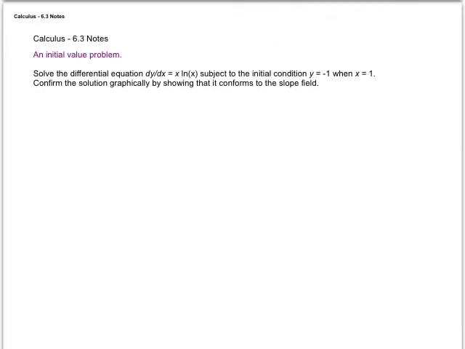Okay, let's tackle an initial value problem that's going to require us to integrate by parts. So let's just get our formula back up here real quick. Okay, so here's our formula. And we want to solve the differential equation dy/dx equals x ln x, subject to the initial condition that y equals -1 when x equals 1. So basically what we want to do is solve this guy out.